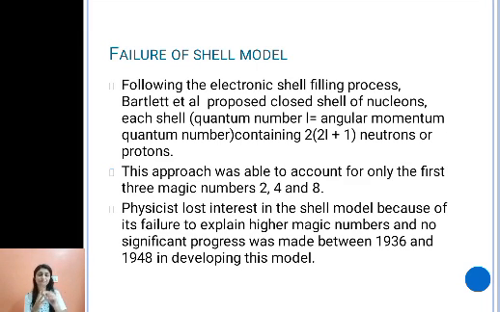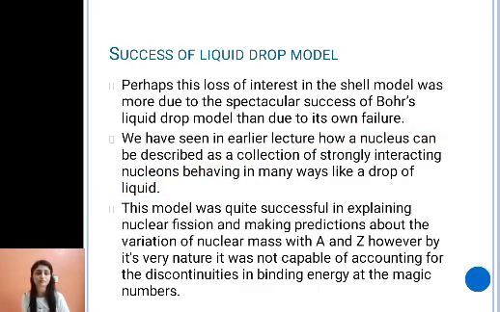But later on, physicists lost interest in the shell model because of its failure to explain higher magic numbers, and no significant progress was made between 1936 and 1948 in developing this model.